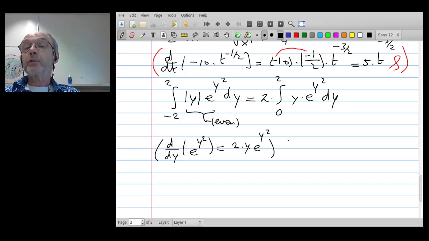Now, and you see here that you have also 2y. So what comes out of it? The primitive function becomes equal to the exponential of y squared between the boundaries 0 and 2, and we get out of it e to the power 4 minus 1.